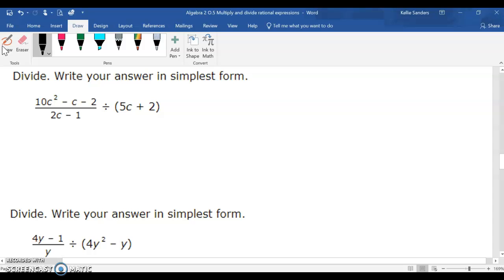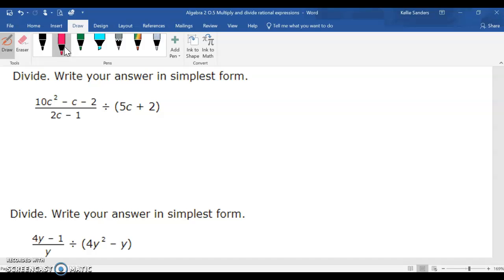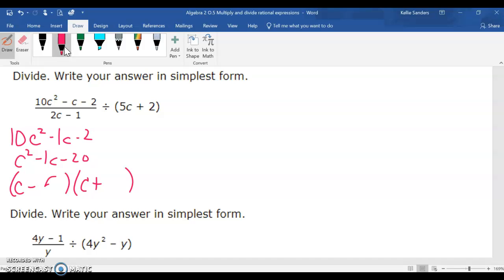Okay, on a scrap sheet of paper, I'm going to factor out this first. Multiply to get negative 20, subtract to get negative 1. 5 and 4. Put the 10 back in. Reduce.